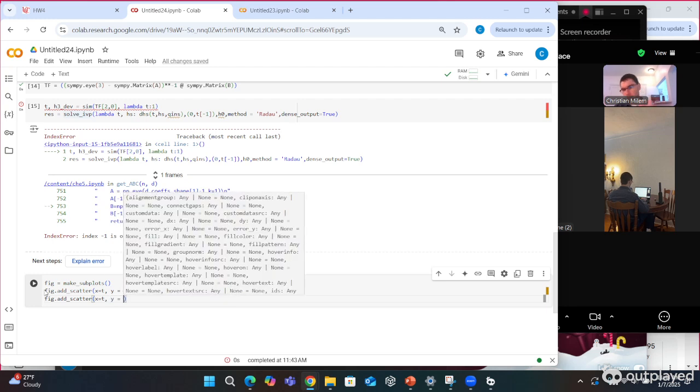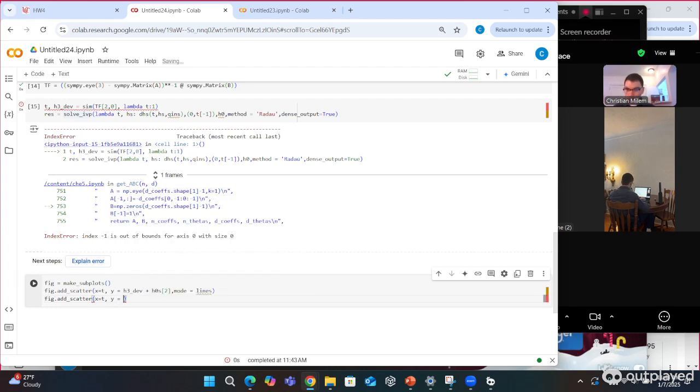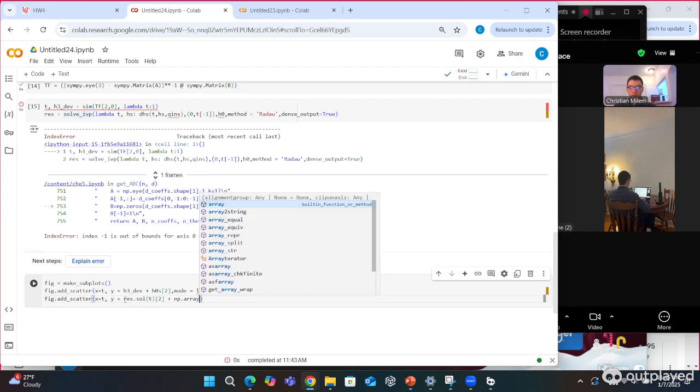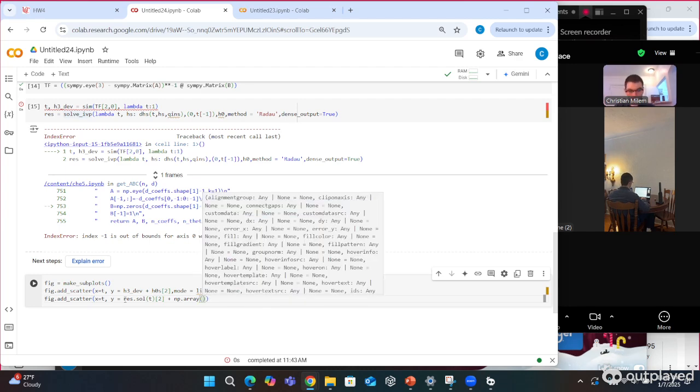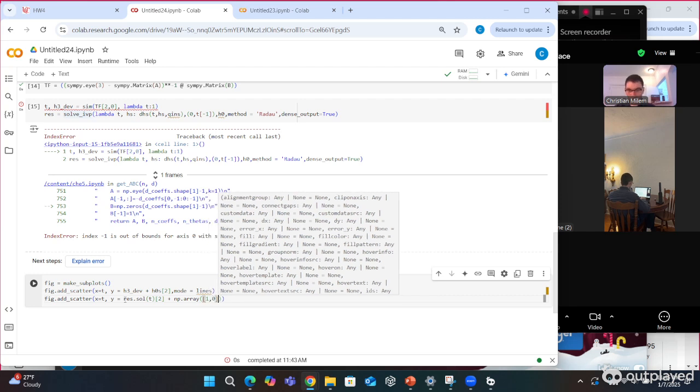Our y is going to be res.solve values of t, and we want the third one, so it's going to be 2, and then the step function of our first tank.